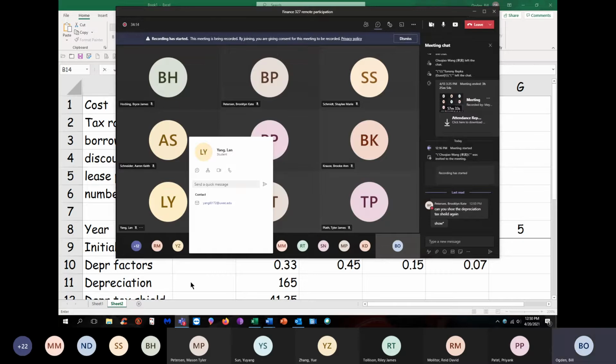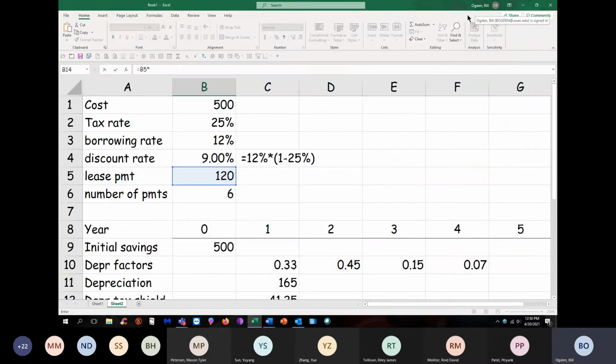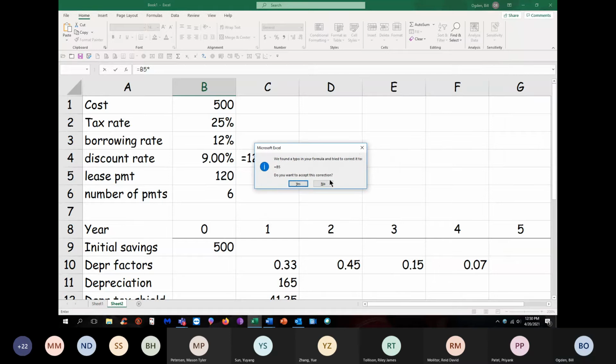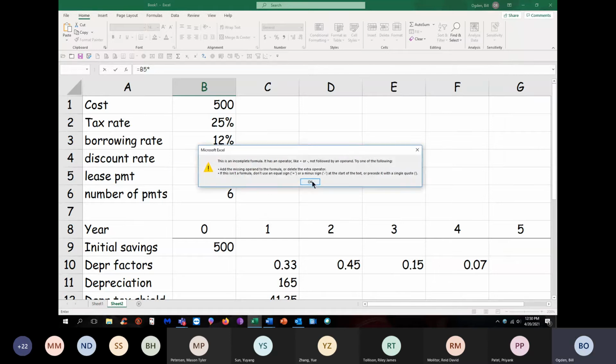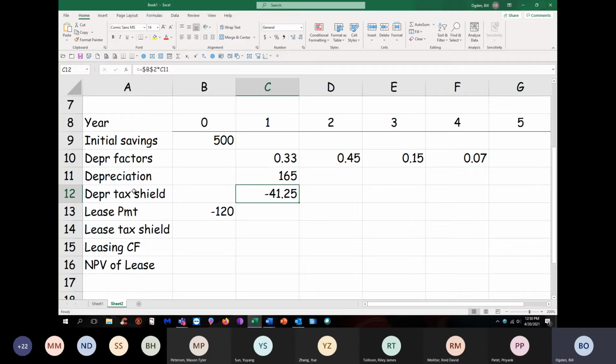Can you show the depreciation tax shield again? I can do that. Okay, show the depreciation tax shield again. Again, it's an opportunity cost, so I'm starting with the minus.